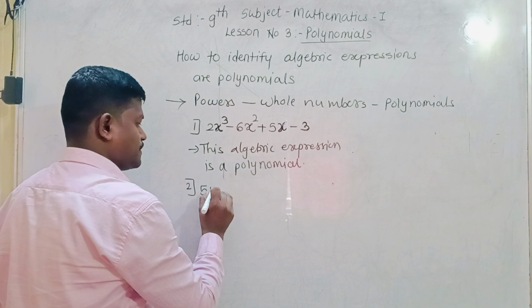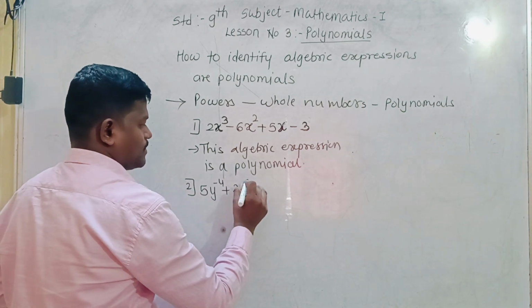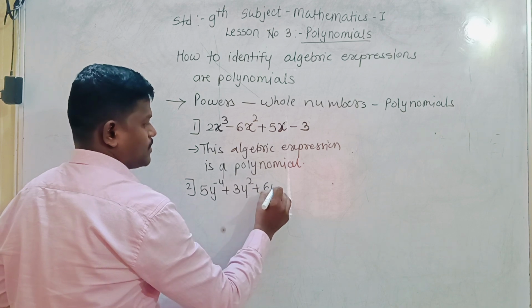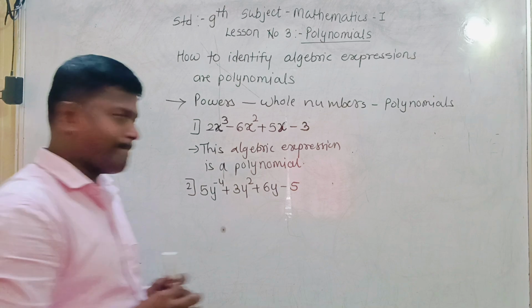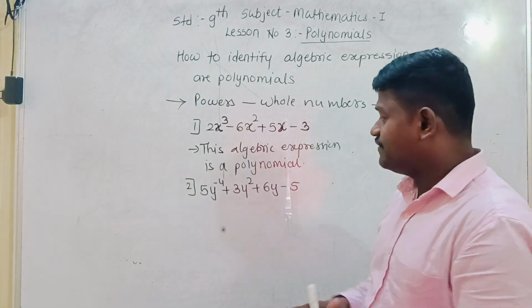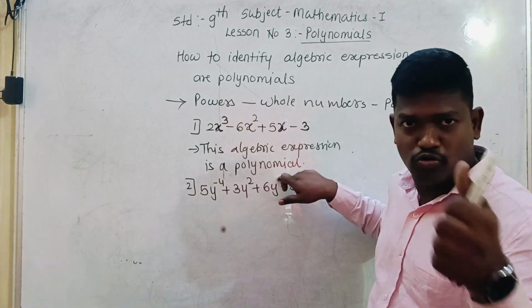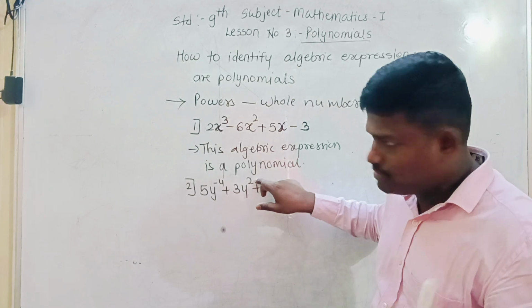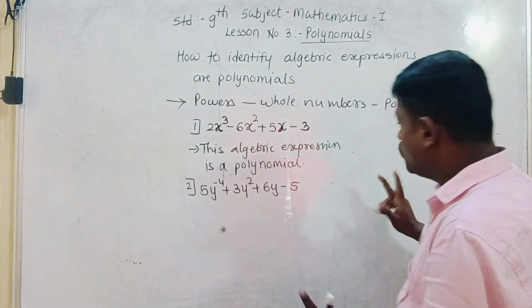See, this is the second question. Check, identify: 0 whole number, 1 whole number, 2 whole number, but here -4 is not a whole number.